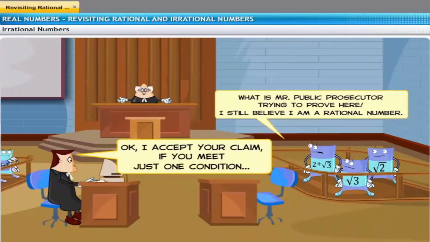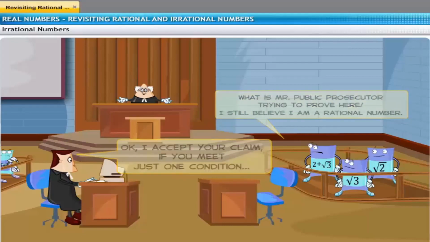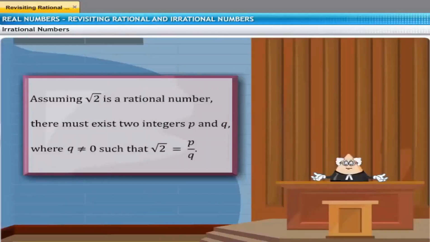Is Mr. Public Prosecutor accepting that square root of 2 is a rational number? If we assume square root of 2 is a rational number, then by definition, two integers must exist, P and Q, where Q is not equal to 0, such that square root of 2 is equal to P upon Q.